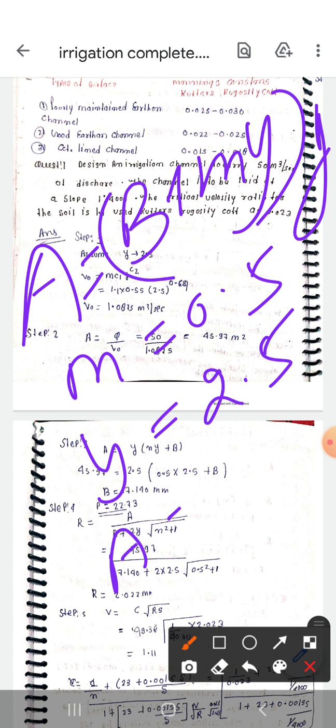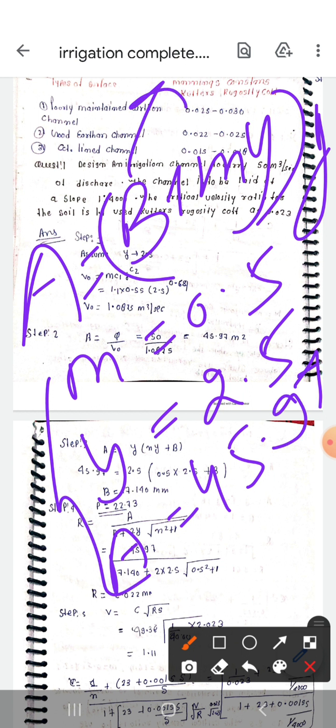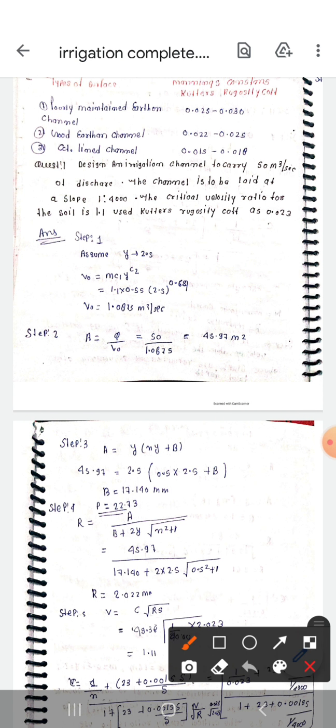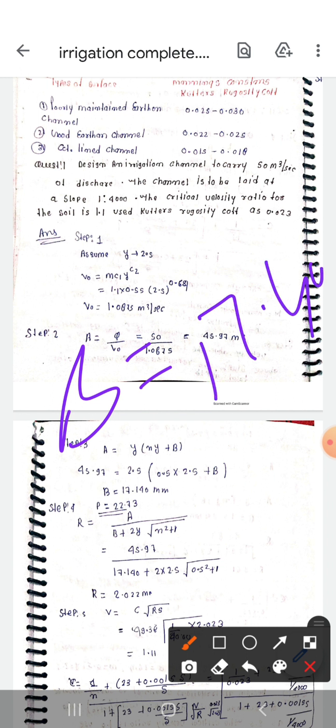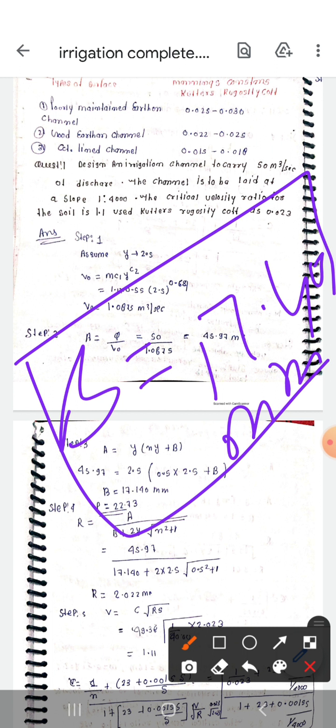Area comes out to be, in the second step, 45.97. So by using all these three values, B can be calculated easily. After calculation we found that B comes out to be 17.40 m. You can check your calculations later. Okay, we focus on the steps, how the question will be done.